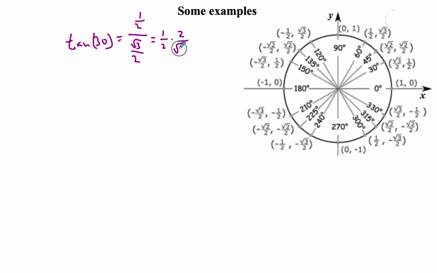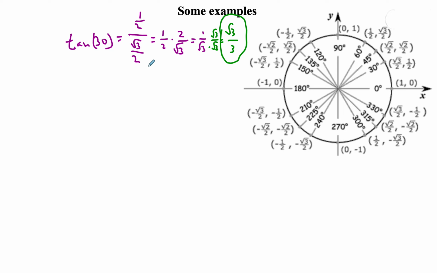You change it to multiplying by the reciprocal. These twos cancel out, so you get 1 over the square root of 3, which we know is problematic. So we multiply by the square root of 3 over the square root of 3, which gives the square root of 3 over 3.